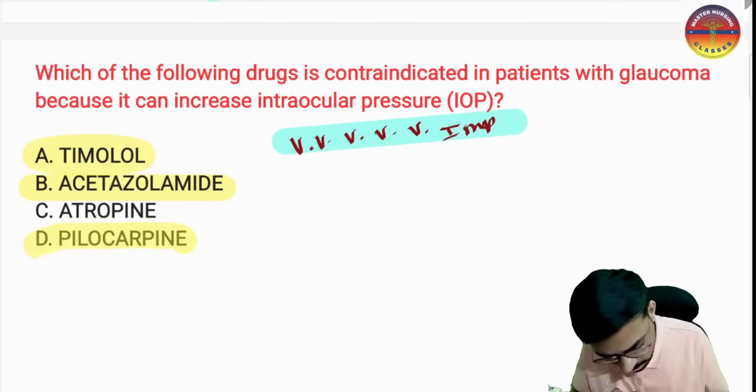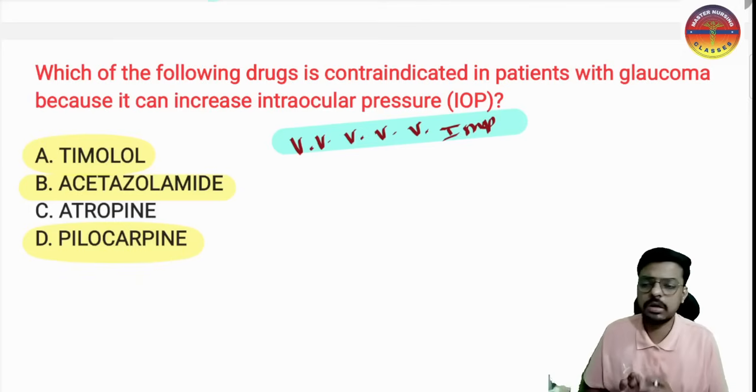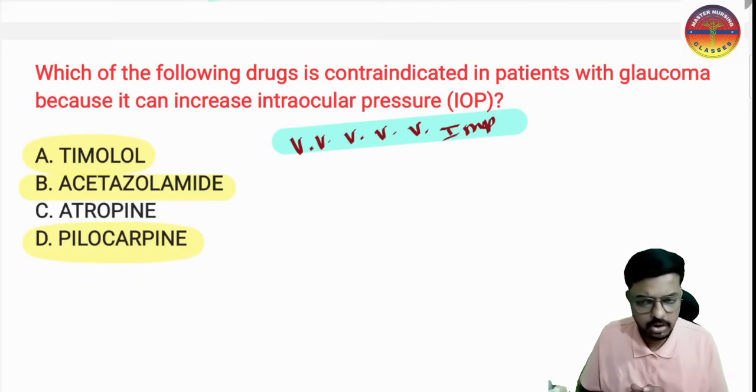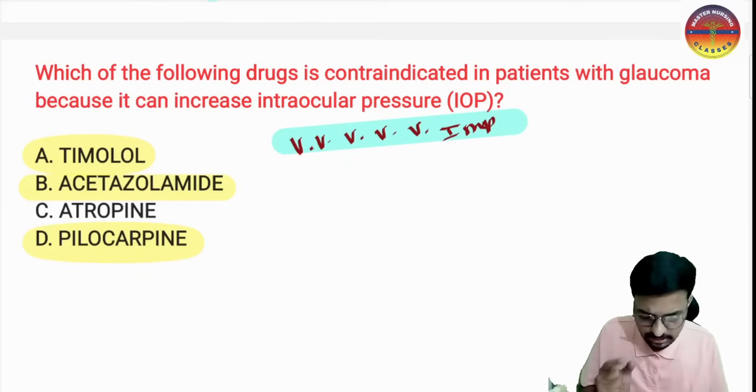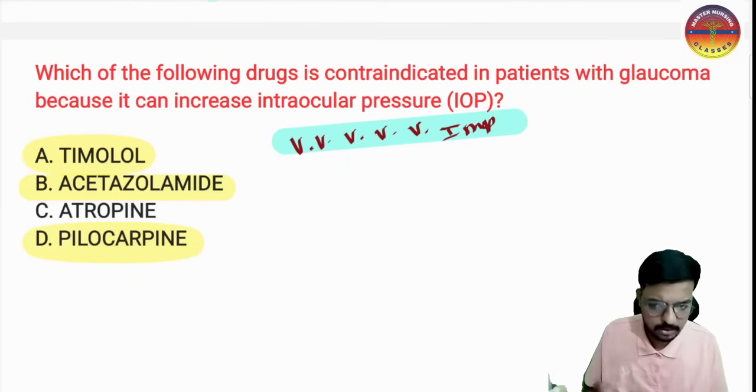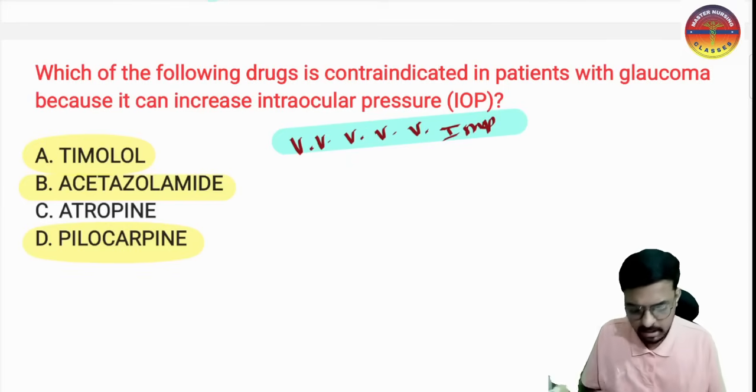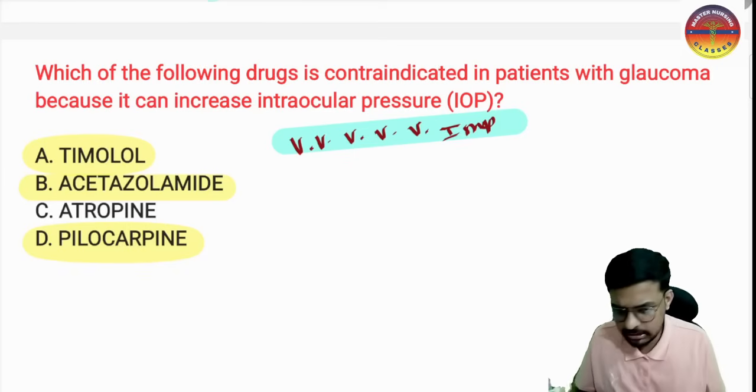And we have pilocarpine, the most important cholinergic drug. This cholinergic drug constricts the pupil, which means it is not blocking the angle, it is keeping the angle open. So pilocarpine will also be used.